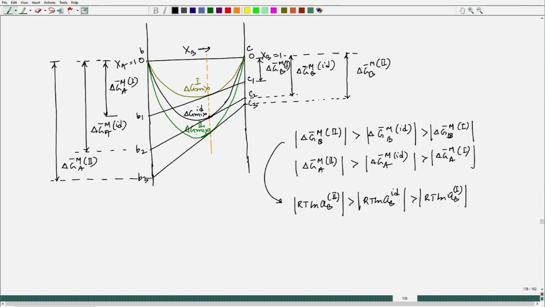Okay. So now A B is nothing but X B ideal, since gamma B ideal is equal to 1.